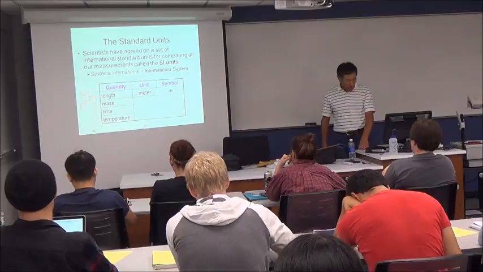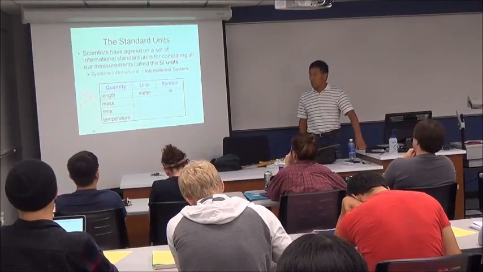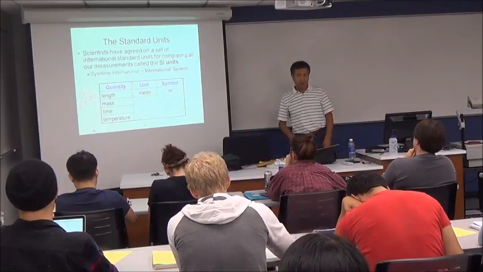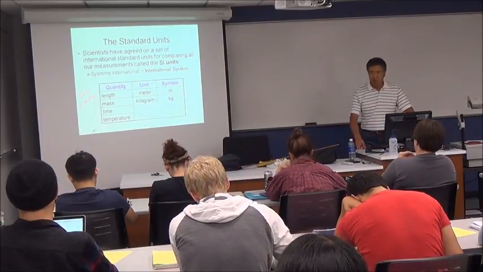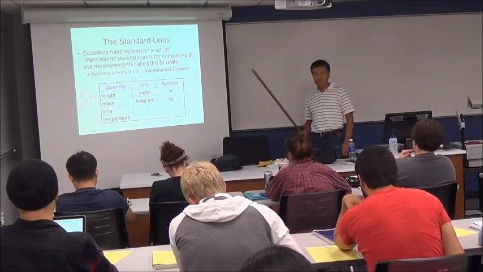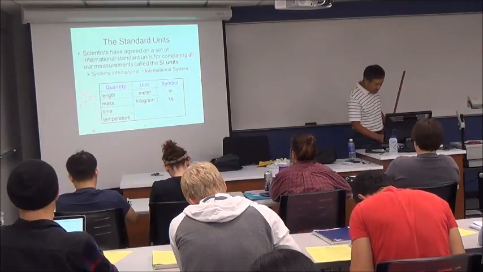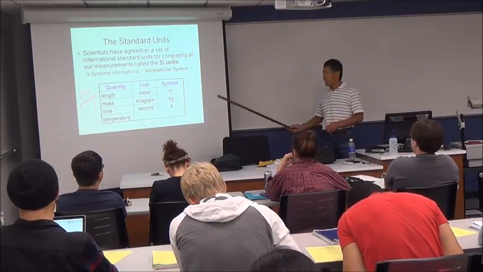And the SI unit for length is meter, and the symbol is little m. Mass is kilogram. The symbol for the kilogram is kg. Okay? And the time is second, and that is lowercase s.